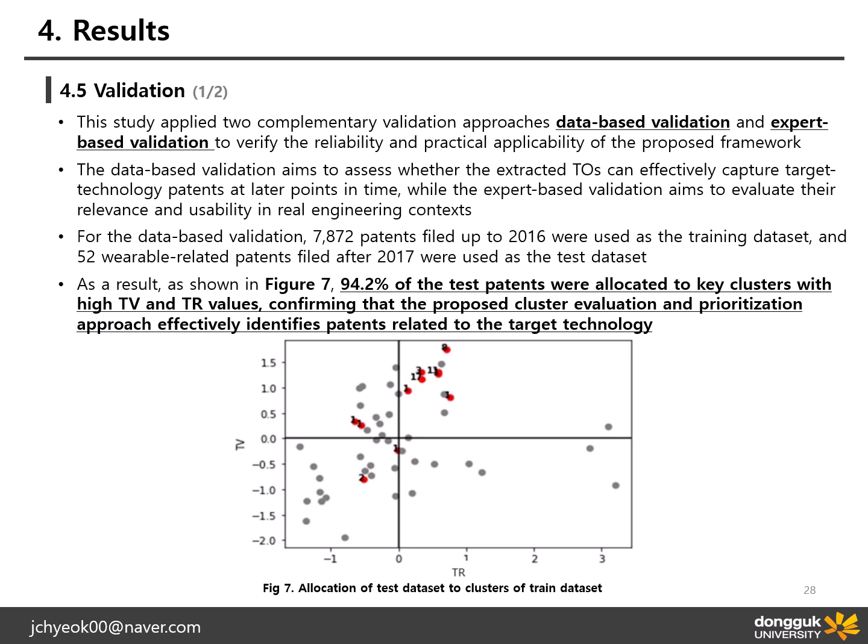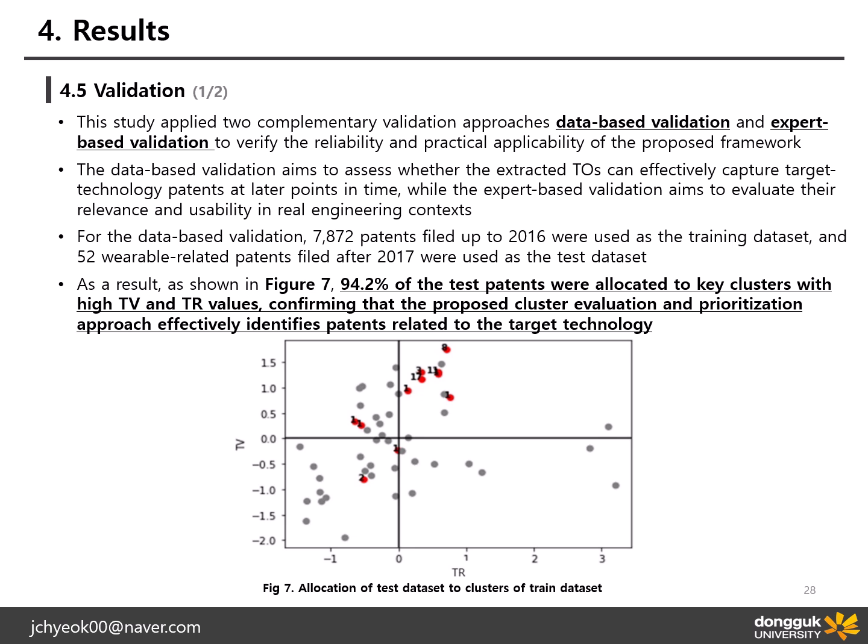To evaluate the reliability and practical usefulness of the proposed framework, data-driven and expert-based validation approaches were applied. For the data-driven validation, 7,872 patents filed up to 2016 were used as training data, while 52 wearable-related patents filed after 2017 were used as test data.